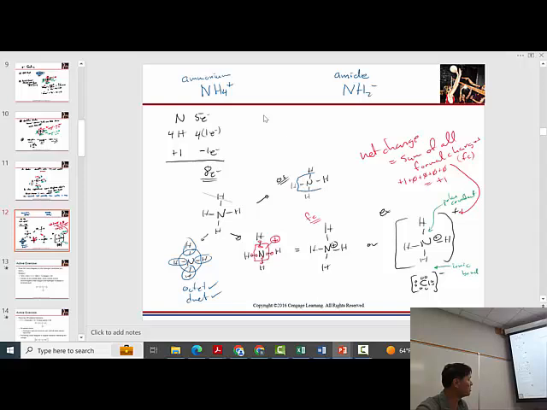The winner is the more electronegative species. So in this case, nitrogen ends up with how many electrons? 8. The oxidation state would be 5 minus 8, which is negative 3. How about the hydrogens? It would be positive 1. Here we actually write the 1.